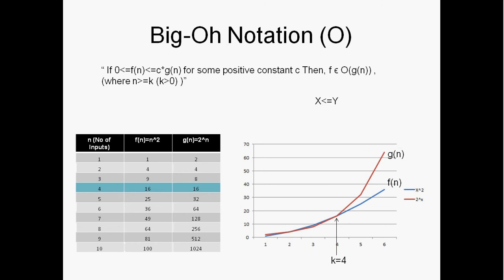If f is less than or equal to c multiplied by g for some positive constant c, wherever n is greater than or equal to k, where k is always greater than 0, then f belongs to big O of g. So after you find one point k, after that this function will always be less than or equal to the other function, so f would be in the order of g.